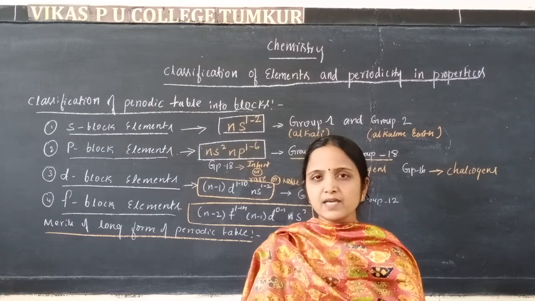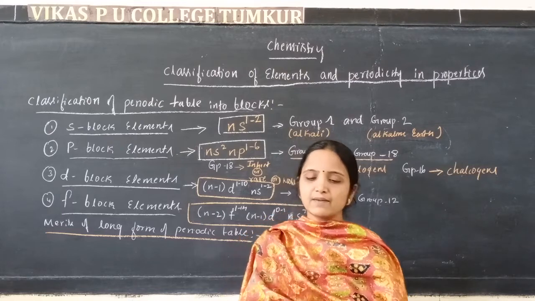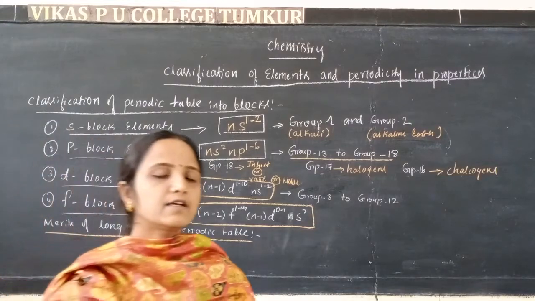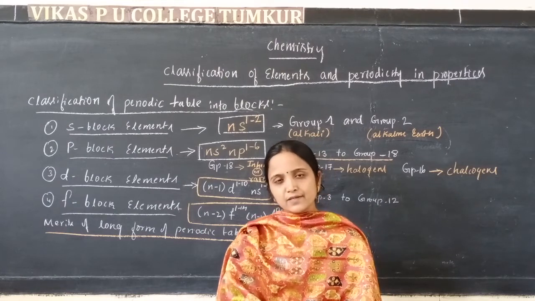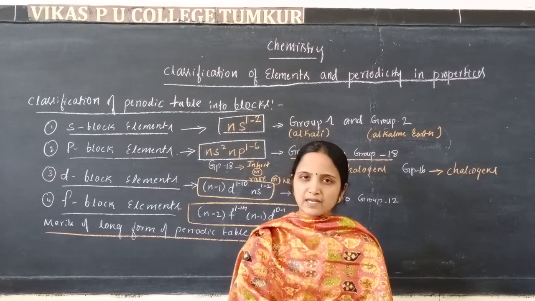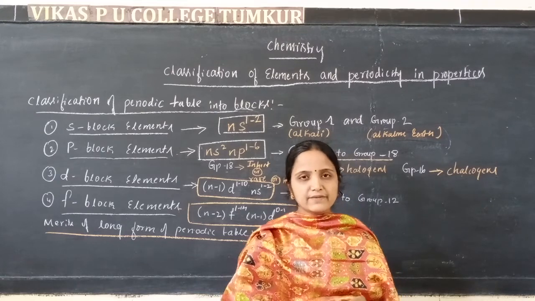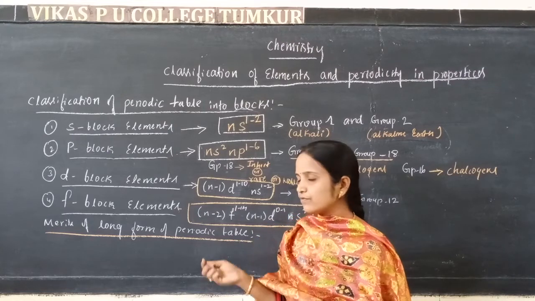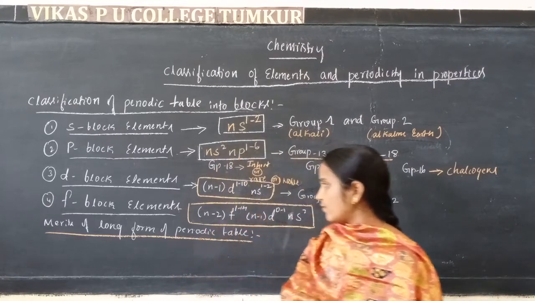Another merit is that the noble gases are placed at the extreme right, indicating the completion of the s and p block elements. The periodic table is also divided into s, p, d and f blocks. This is about the merits of the long form of the periodic table.